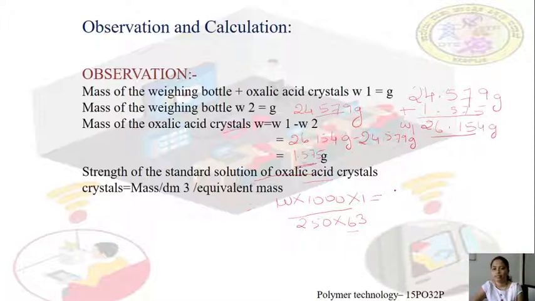So we will get W, which is 1.575 gram, into 1000 into 1 divided by 250 into 63. So the strength of oxalic acid is 0.1 normal. N is the unit of the strength of the standard solution of the oxalic acid.